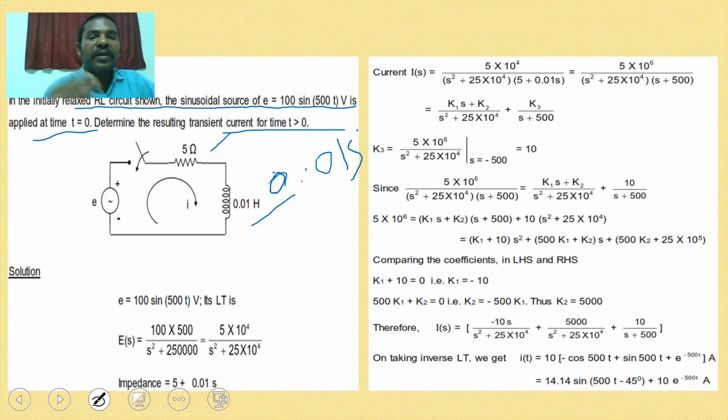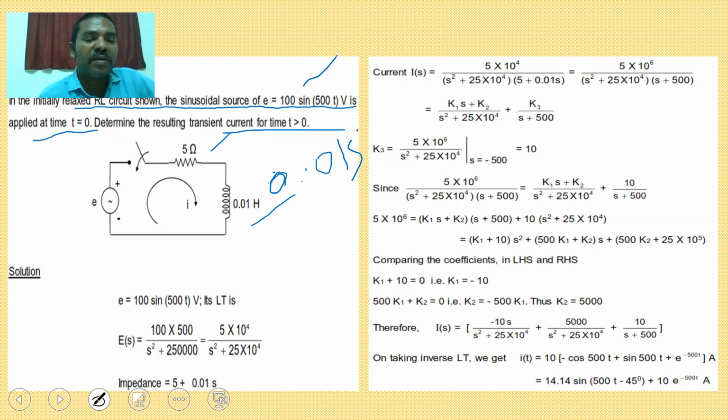So already you know that. This is the time domain, 100 sine 500 t. If you want to write in terms of S domain, you have to write omega divided by S square plus omega square. So what is the omega value they are given? 500. The maximum value of voltage is 100. So 100 into omega 500 divided by S square plus 500 square.